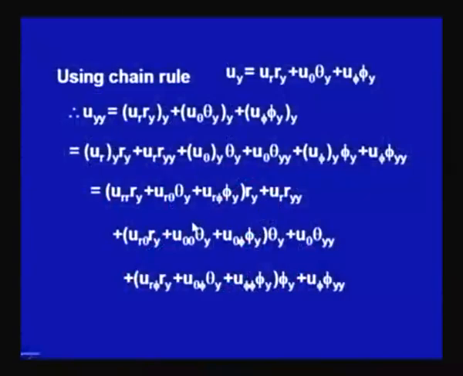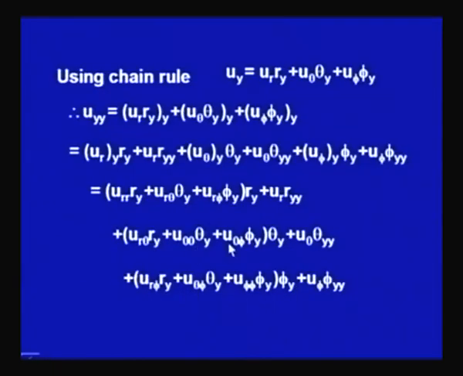our calculations. Now again we had already calculated the coefficient of u r r. From here we would get r y whole square, coefficient of u r theta we would be getting from here theta y r y, and from here again r y theta y. So, we would get 2 times r y theta y. Similarly, for u r phi, r y phi y, and from here again r y phi y, that is 2 times r y phi y.